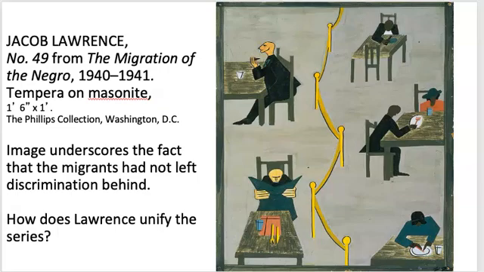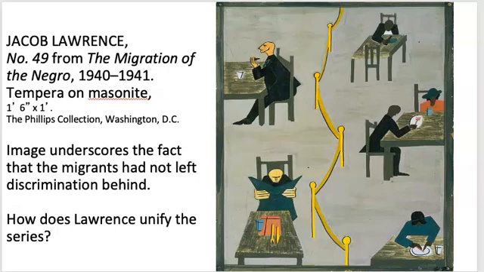He's not just telling a personal story, he is telling the collective African American experience. And he's using tempera paint, probably influenced by Italian masters of the 14th and 15th centuries.